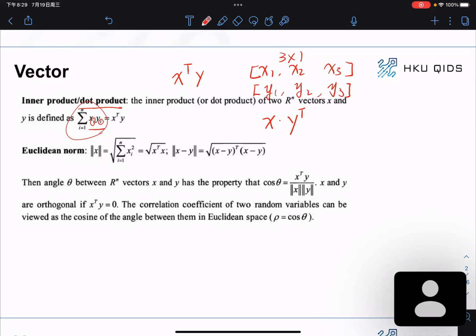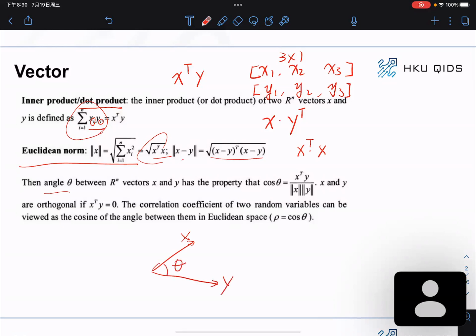An important thing about it is the Euclidean norm. The Euclidean norm tells us that if I take the inner product of x with itself, x^T x, then this value is going to be like this. And the angle between these two vectors, let's say this is x and this is y, this angle theta can also be calculated this way.